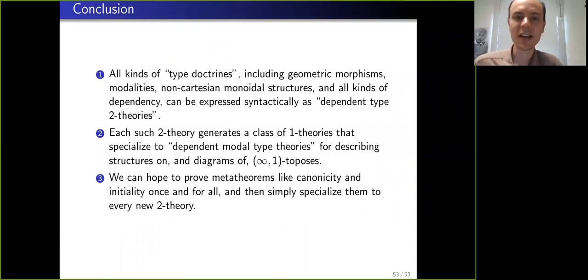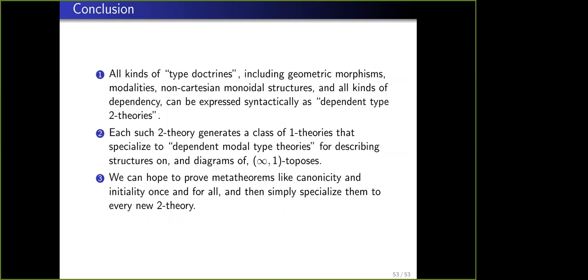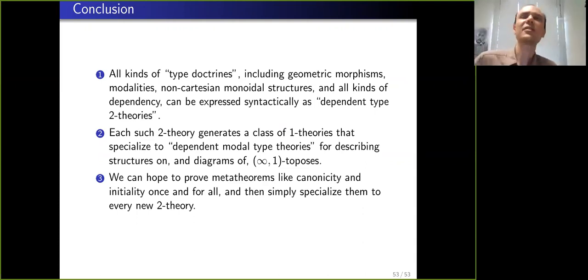Okay. You were asking, can it be implemented in a proof assistant? Yes. I mean, not in an existing proof assistant, but maybe as a new kind of proof assistant. I think certainly there's a potential for that. There is some implementation already.